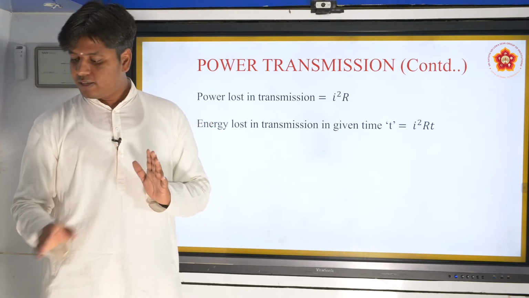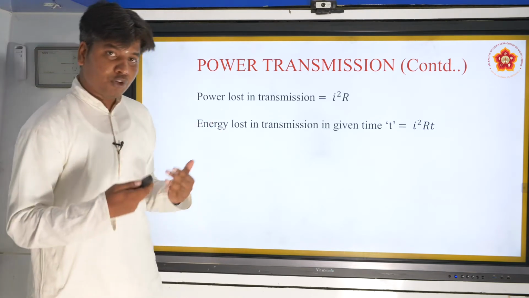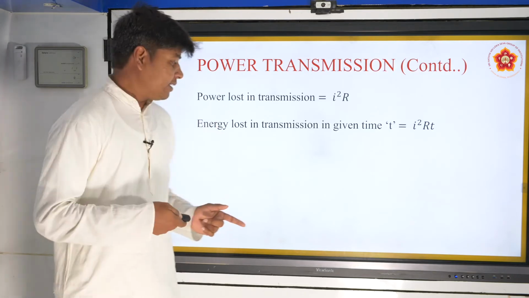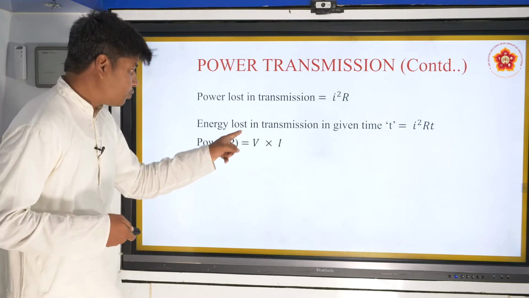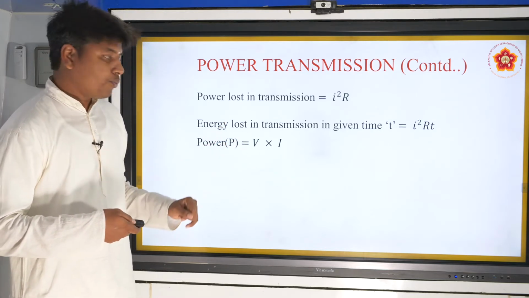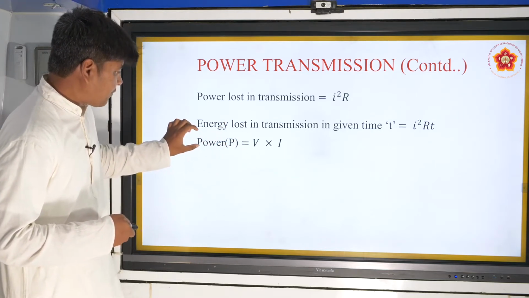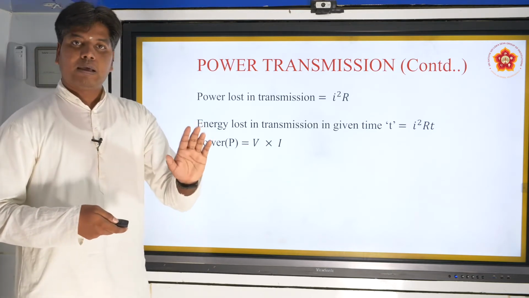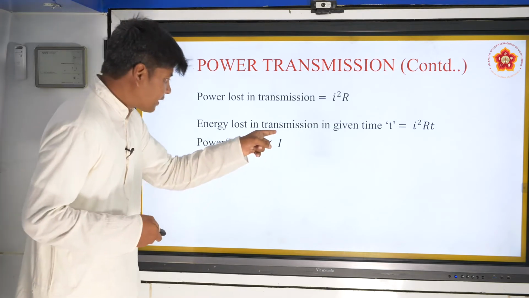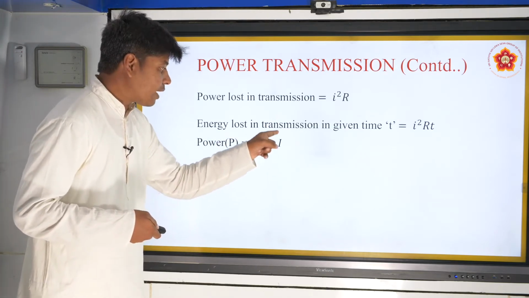I don't want that. So we also know that power is voltage times current. Let us use this. We need to keep the power constant; we should not decrease it. The same power I want to transmit, but somehow I want to decrease the I value.